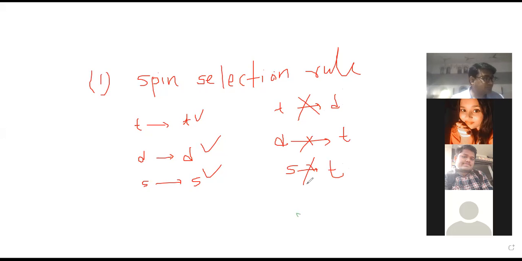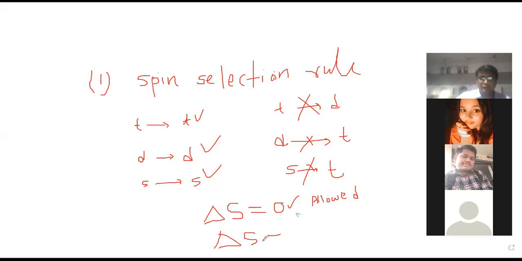So what is the criterion for delta S? Delta S should be 0 for an allowed transition. And if delta S is not equal to 0, that means there is a change in spin state, then it is forbidden.